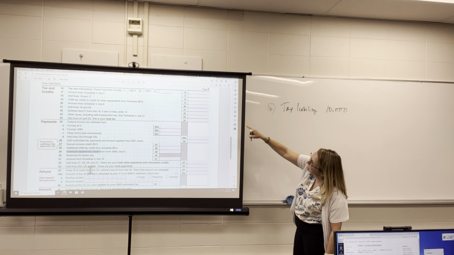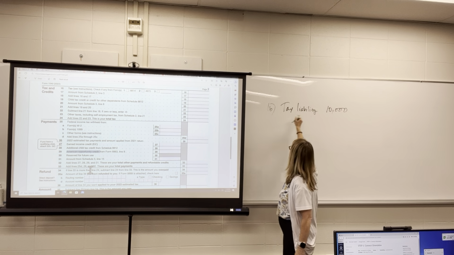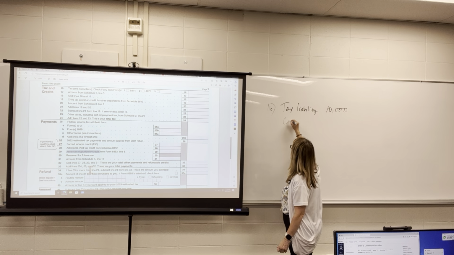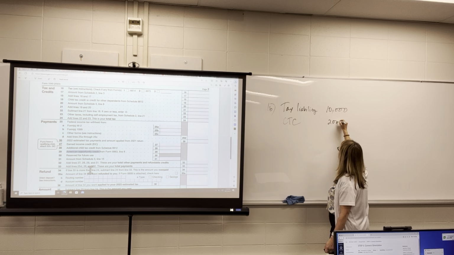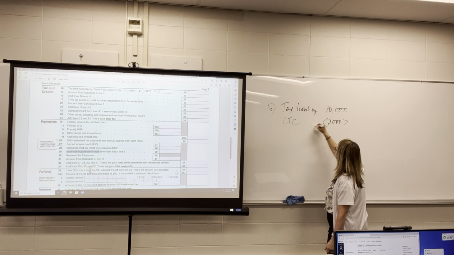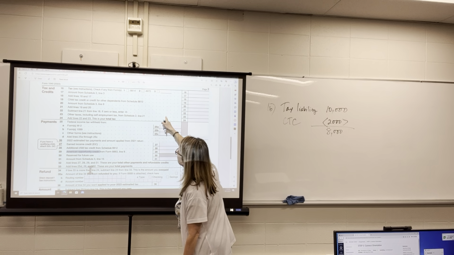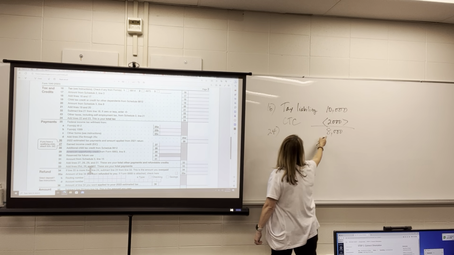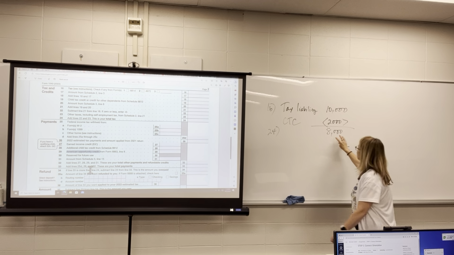And then we don't have anything on line 17, so line 18 is also $10,000. Say we have a child tax credit, CTC, of $2,000. All right, so now we're down to $8,000 of our tax liability. We have none of these other ones, so our total tax, this line 24, is $8,000. And then this is how much we owe.